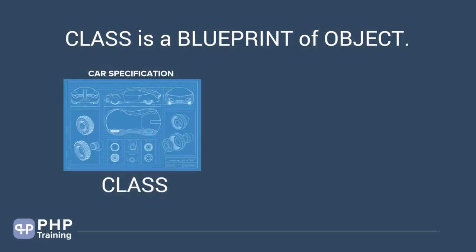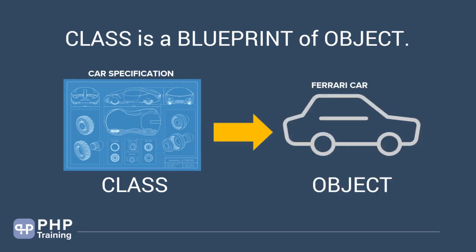Imagine you're trying to define a car, right? Car is an object. Then what is a class? Class is basically a specification. It's a documentation, or it could be a definition of what are the things required to make a car. So it's something like a blueprint where you define all the components of a car. And what is an object?